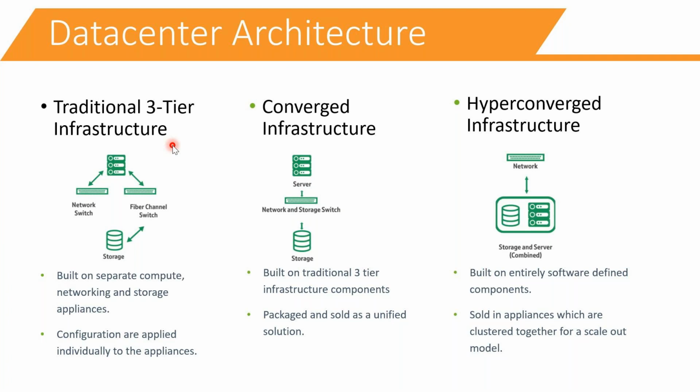So to address this problem, they have come up with converged infrastructure. What they do is you still have the three-tier model. Server is different, network is different, storage is different, but all three are put into one rack. In that rack all three tiers are put together and connected.